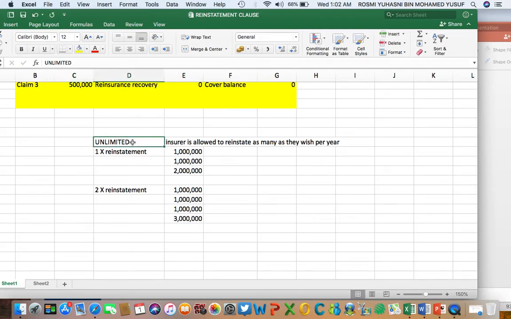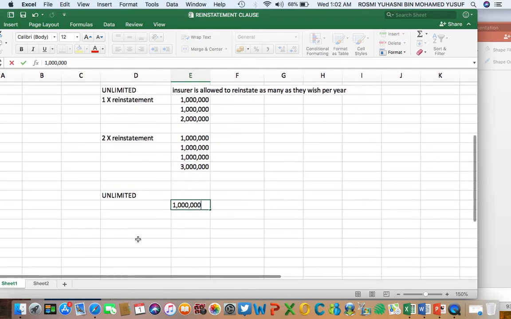If it is unlimited, let's say the original cover is 1 million. Unlimited meaning that, as I mentioned earlier, the insurer is allowed to increase the cover as many times as they wish.